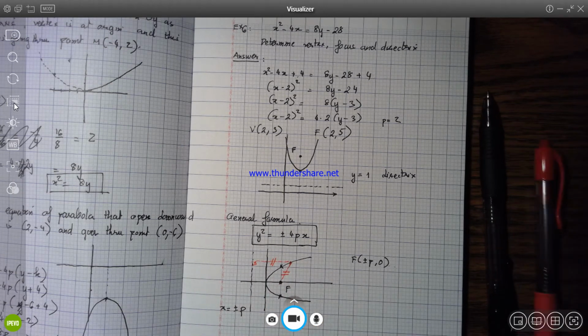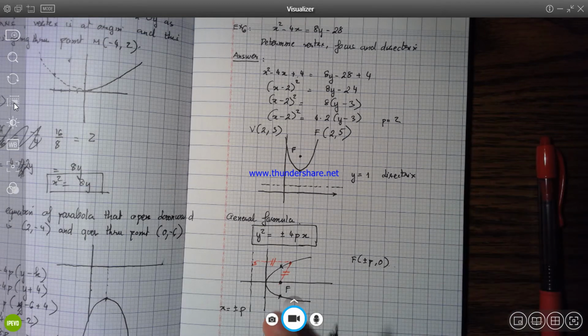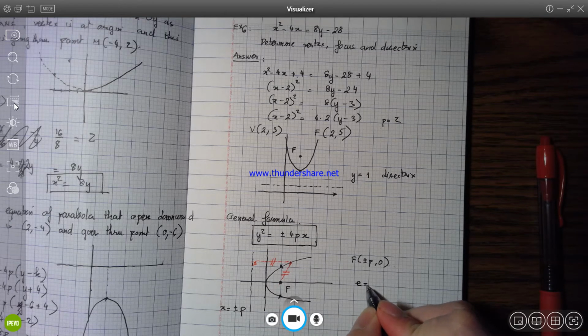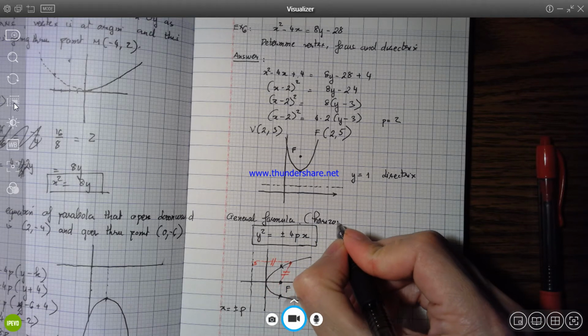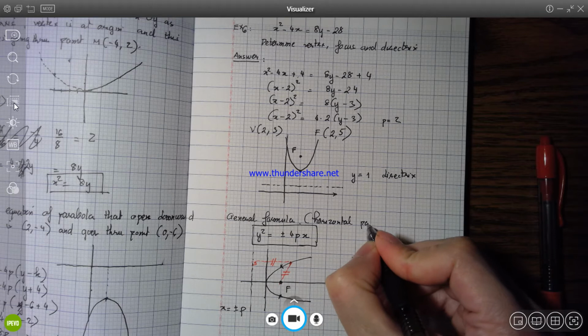It doesn't look congruent because it's not to scale, but it must be. So the eccentricity e must be 1. This is for horizontal parabola.